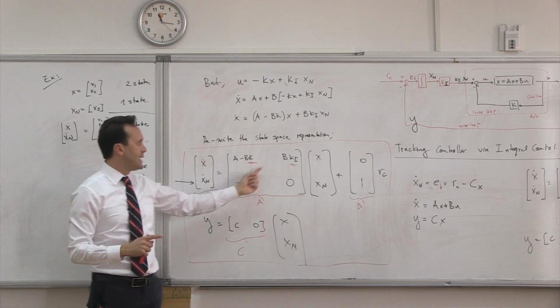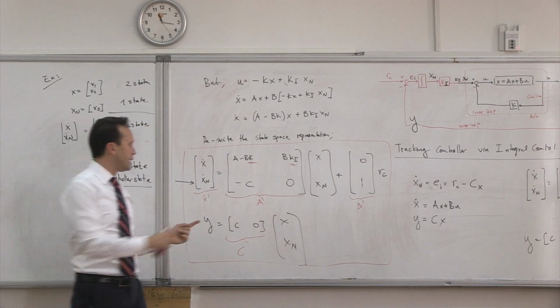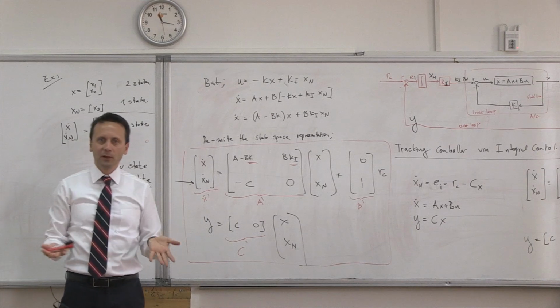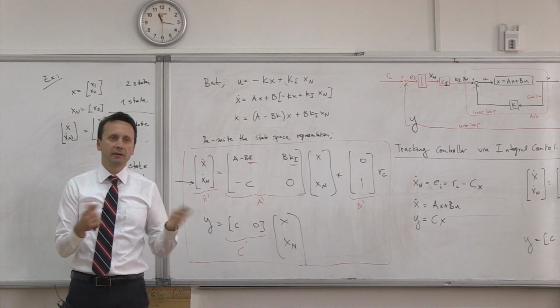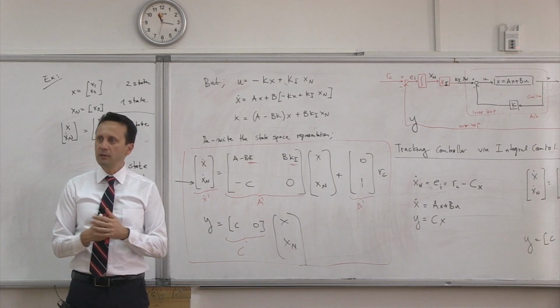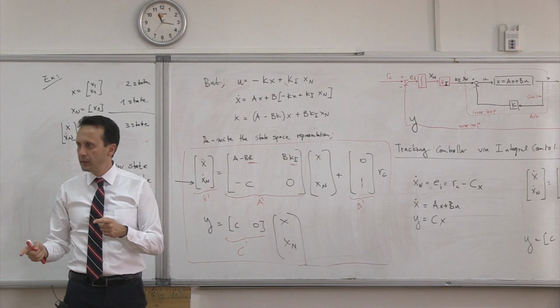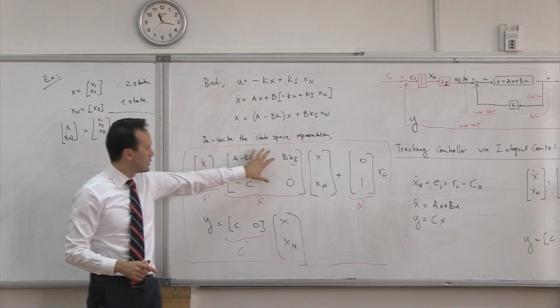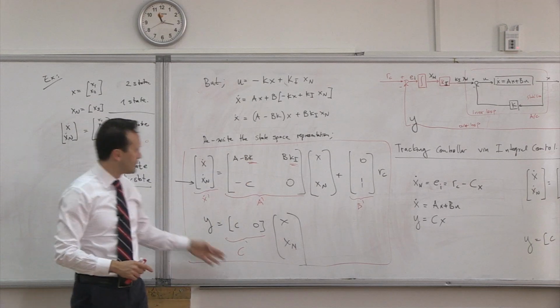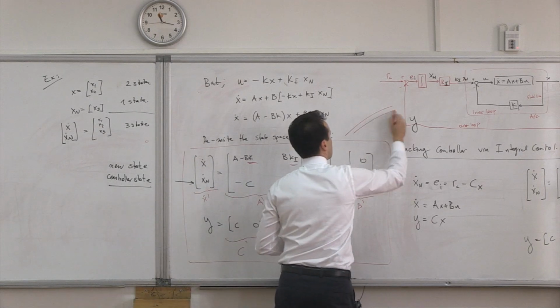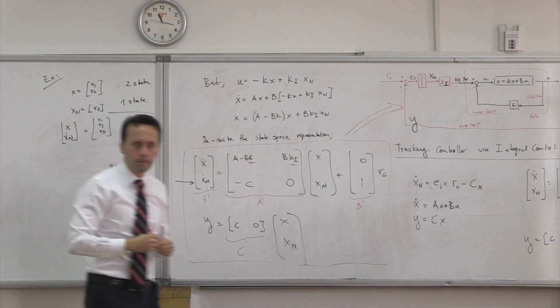I need to design k and ki in such a way that this A prime matrix is stable or has the eigenvalues wherever I want them to be. So if I would give you a problem saying let's move the eigenvalues here, here, here, here, then those eigenvalues have to actually match the state space system, because this system now represents that. Okay?